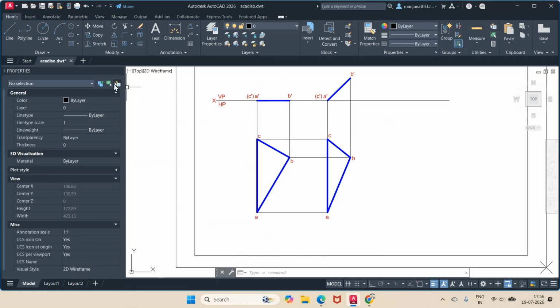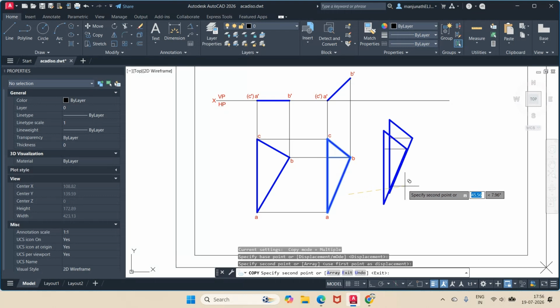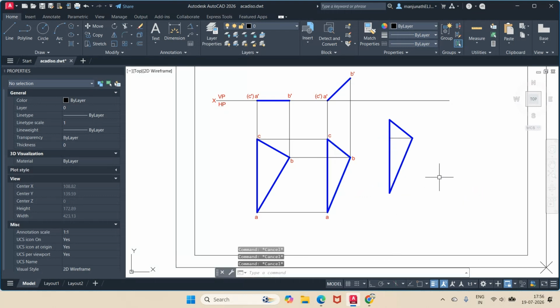Then I will go to copy, select this one, copy to the next position now. Then I want to rotate this by an angle of 60 degrees so that it becomes 30. Now you'll go for rotate, select this point and take intersection point. Rotation angle is 60 degrees, so it will become 30 degree.